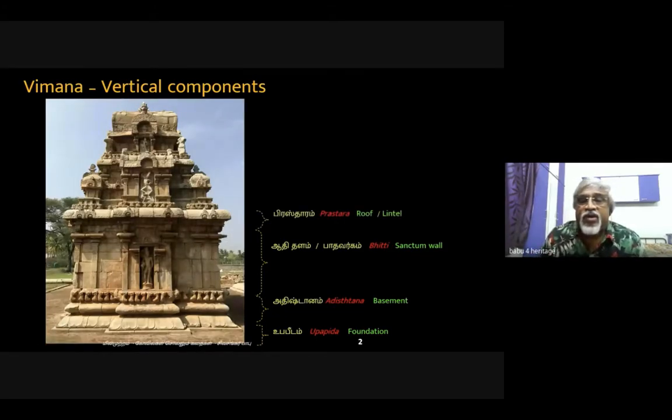The next component is Prastara or the roof, lintel, which has got some ornamental parts and it covers the top portion of the temple. Beyond that, it will be either solid or hollow inside with the wall built on four sides and gradually coming into a pyramid shape.